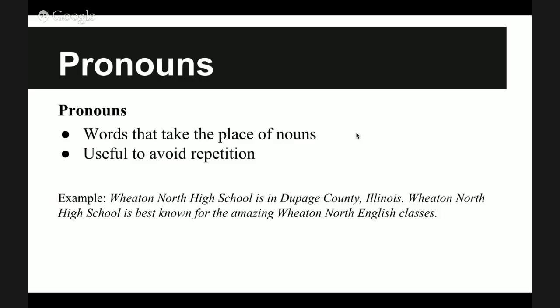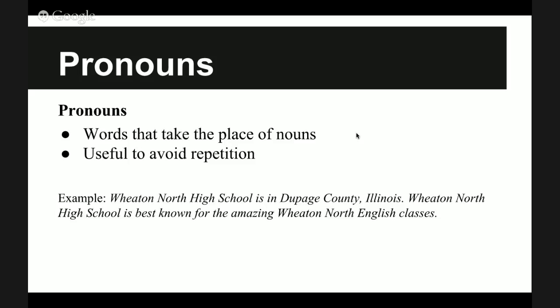So let's take a look at an example, a couple of sentences expressing a couple of different ideas. In this example, these two sentences: Wheaton North High School is in DuPage County, Illinois. Wheaton North High School is best known for the amazing Wheaton North English classes.